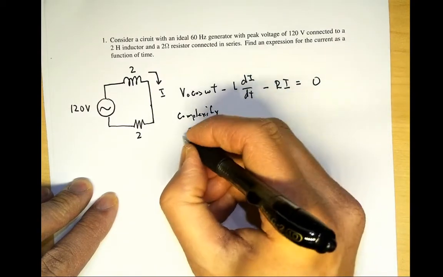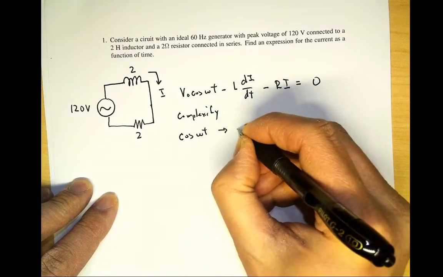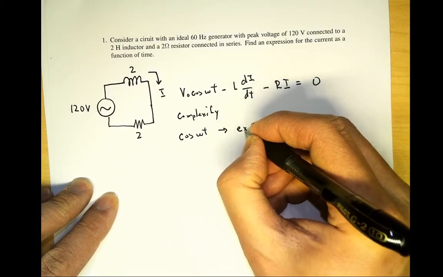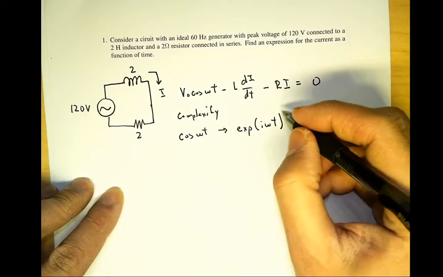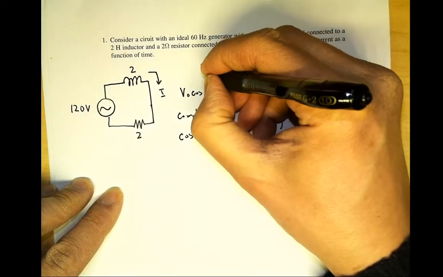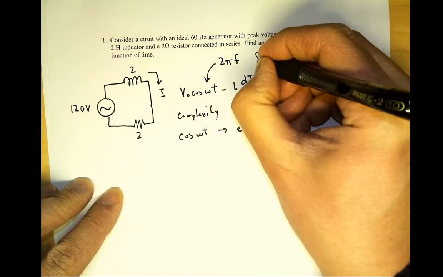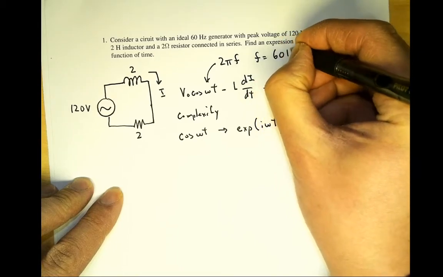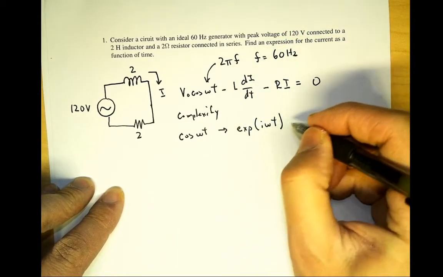What that means is cosine omega t goes to e to the I omega t. In this case, this omega here is 2 pi times the frequency, and the frequency is 60 Hertz. So I'm going to complexify like this first.